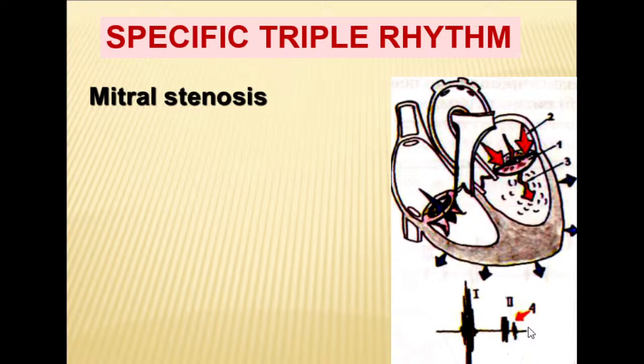If you remember, I said an elastic valve opens inaudibly. In mitral stenosis, the mitral valve becomes non-elastic due to pathological growth of connective tissue, which narrows the orifice and increases the density of the mitral valve.